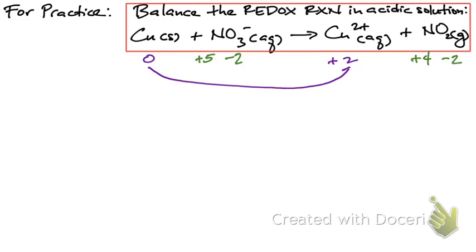Okay, so because copper has an increase in oxidation number from 0 to +2, we have an oxidation reaction. And then for the nitrogen, from +5 to +4, that's a reduction reaction.